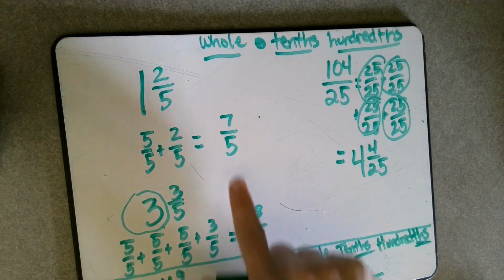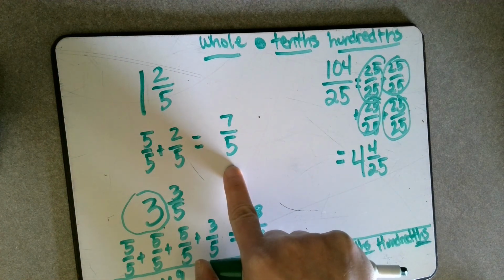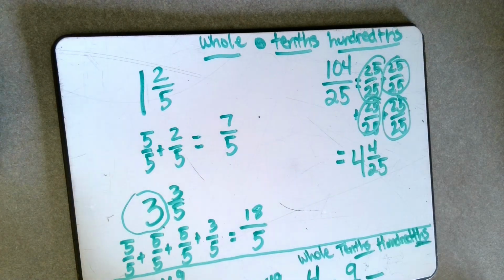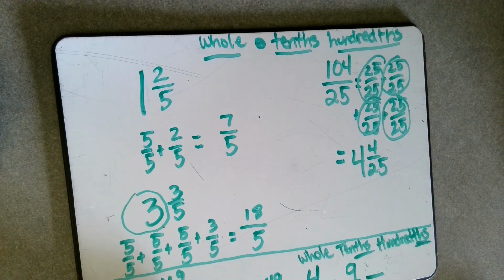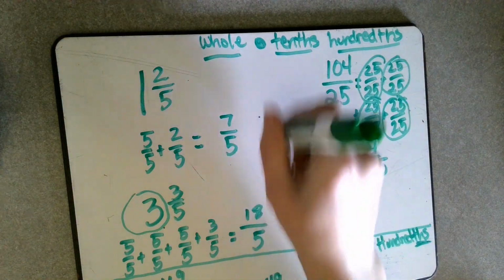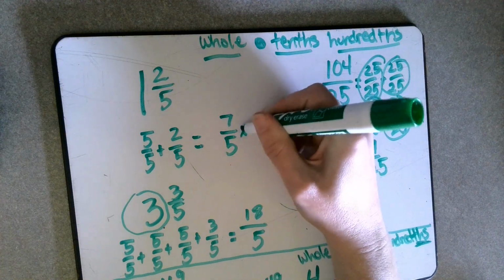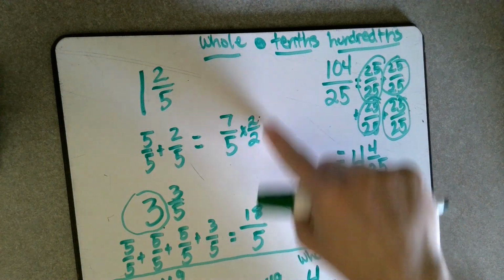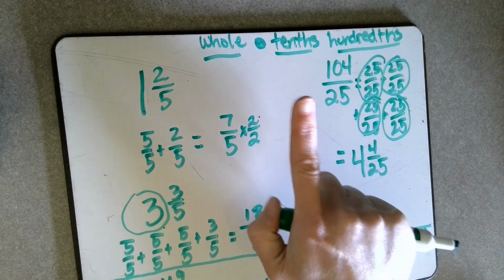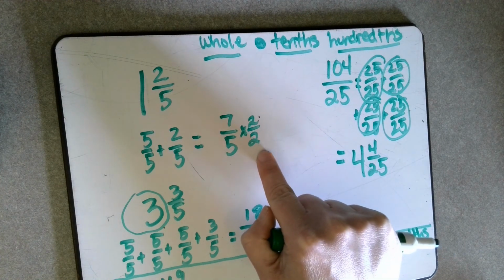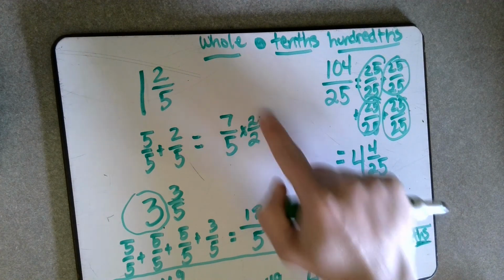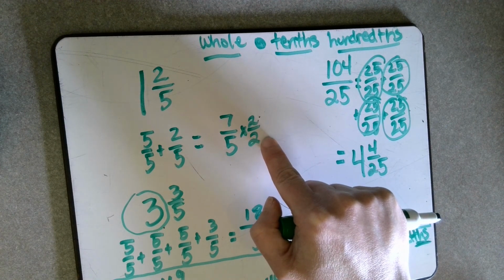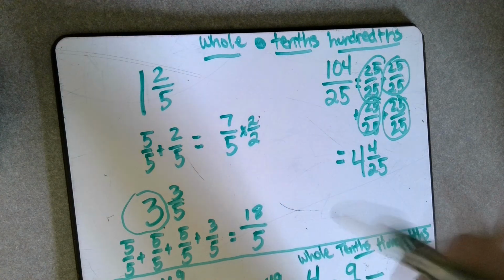right? And so let's take a look here at 7/5. Is there a number I can multiply 5 by to get to 10 or to get to 100? Yeah, if you're thinking multiply by 2, right? So I can multiply 7/5 times 2/2, right? And again, this works because 2/2 is equal to 1, right? And that's why our equivalent fraction rule works, because when we're multiplying the numerator and denominator by the same number, then we're really multiplying by 1, and anything times 1 is itself, right?